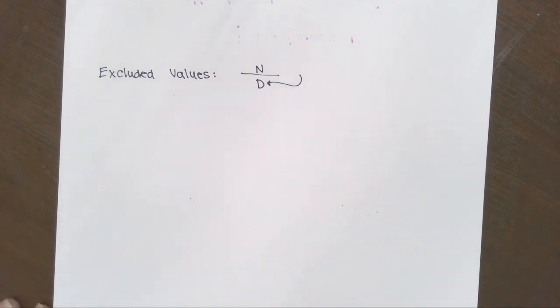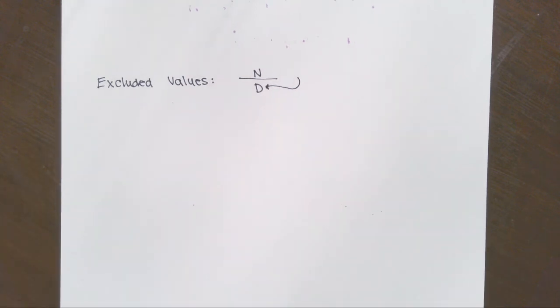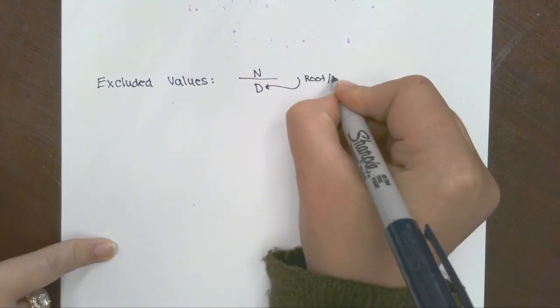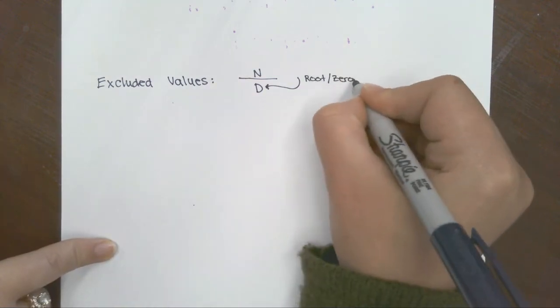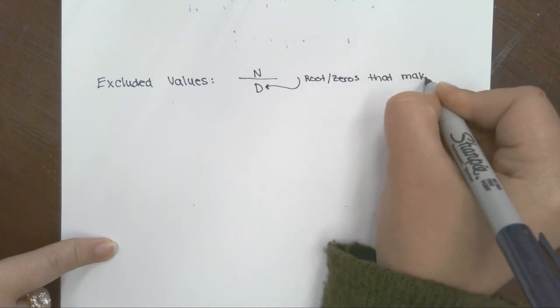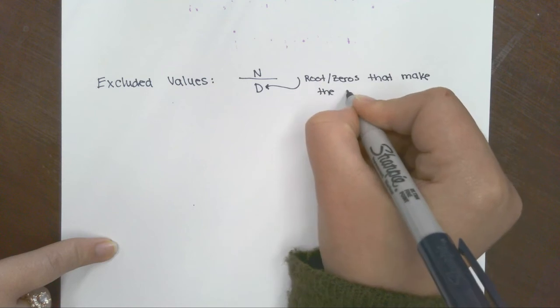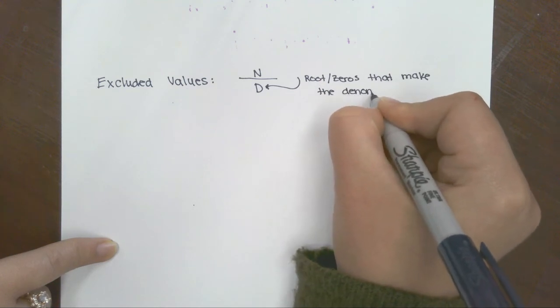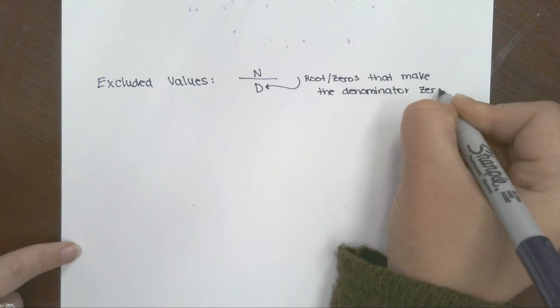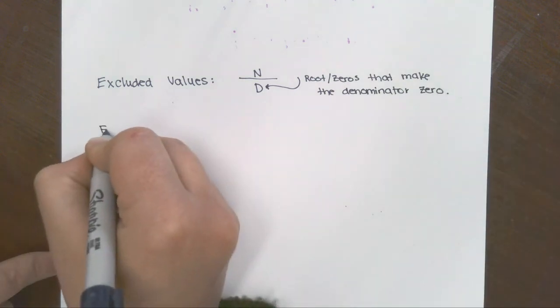We are focusing excluded values on denominators only, and we want roots or zeros that make the denominator zero.